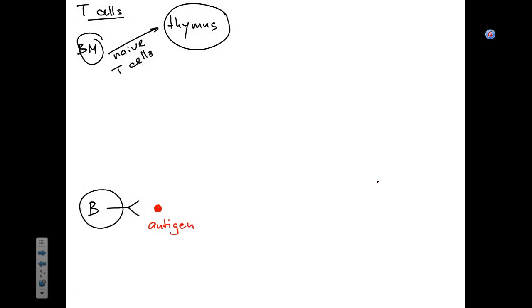What's going to happen to B cell upon this exposure? It's going to get activated. Does that make sense? So we have B cell activation.